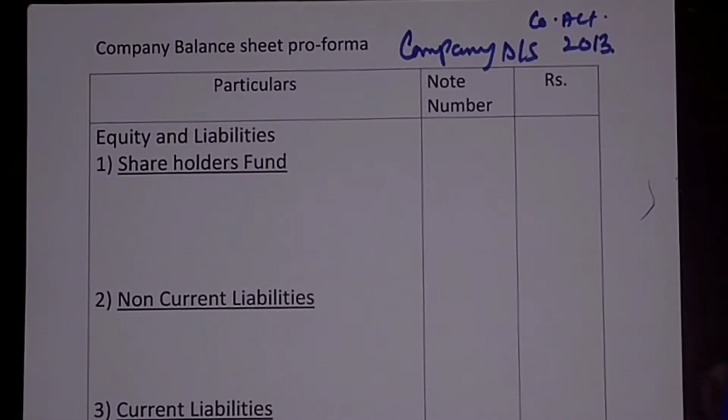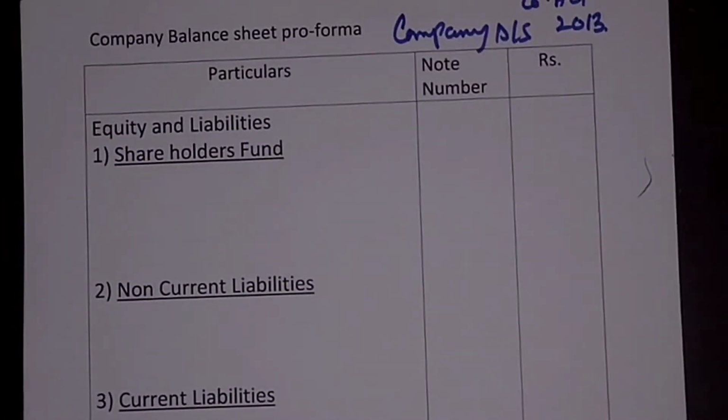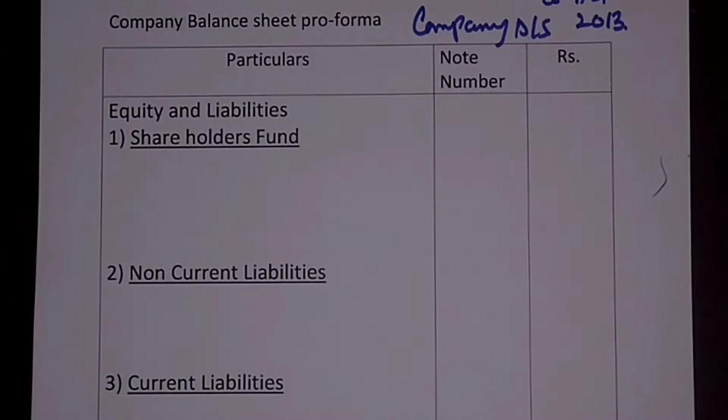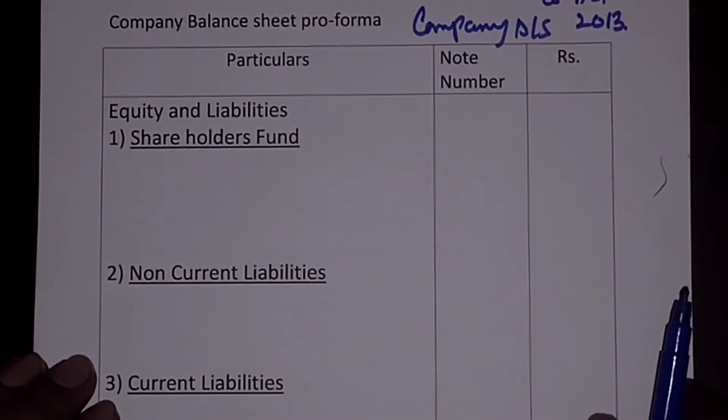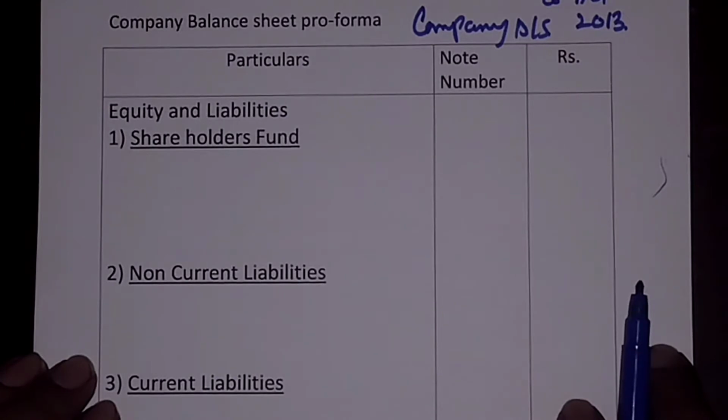Now, let me give a simple format in this. Even the lengthy format is there, which I am giving based on the syllabus. A balance sheet is subdivided into two: one is the liabilities and another one is the assets. Now let us see the liabilities.